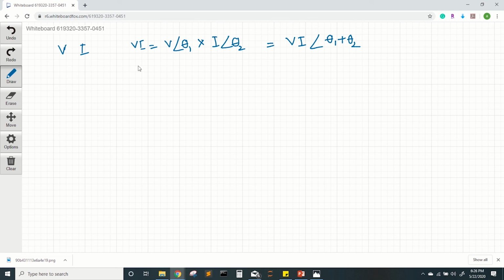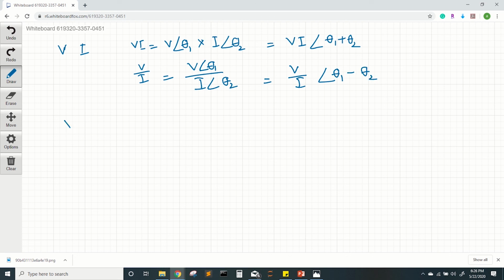And if we want to do the division operation, V by I, it will be V angle theta 1 divided by I angle theta 2, which is V by I at angle theta 1 minus theta 2.